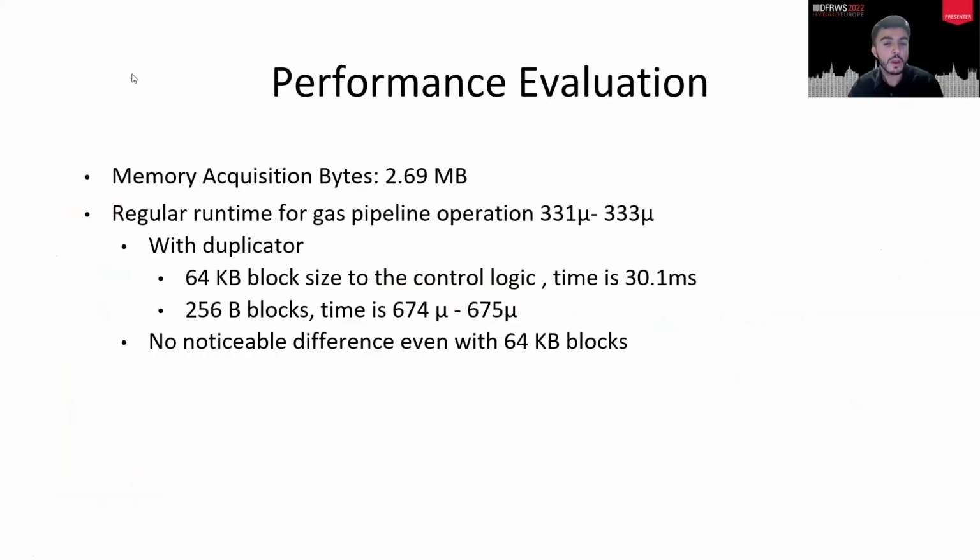So how will it actually work in real life? In our performance evaluation, we were able to acquire 2.69 MB of memory. A regular gas pipeline operation loop takes 331 microseconds.